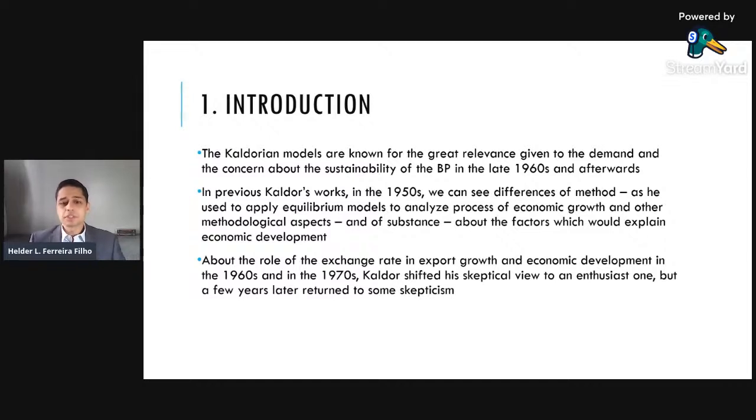About the role of the exchange rate, Kaldor had some skepticism in the 60s and in the 70s, but then he became enthusiastic about using the exchange rate to promote export growth. And then later in his career, he became again skeptical about the role of the exchange rate.